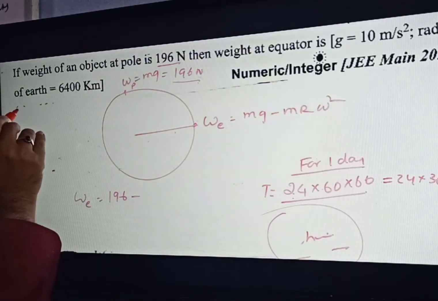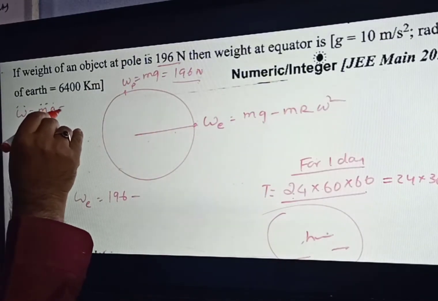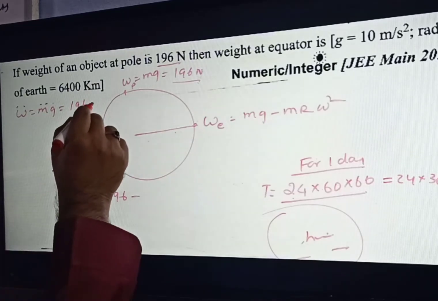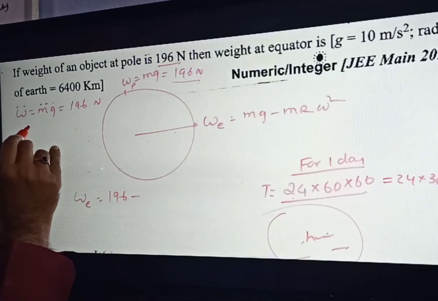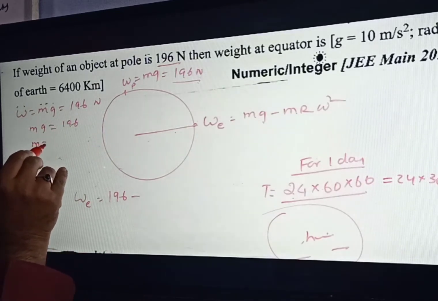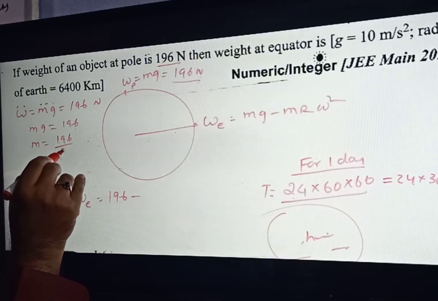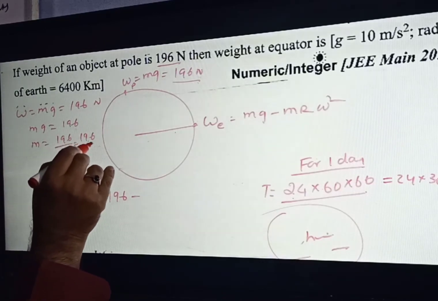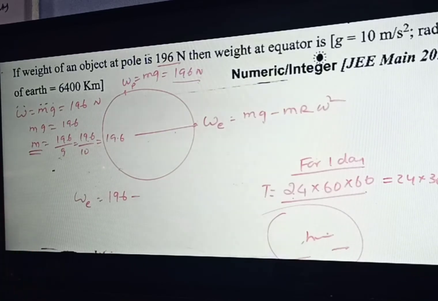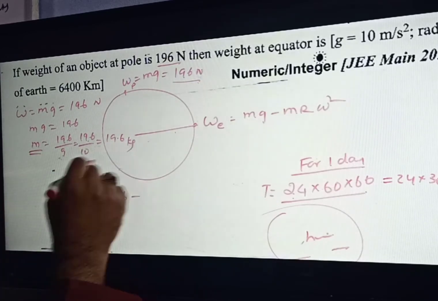Here, weight mg is equal to 196 newtons. Then what is m? mg is equal to 196 means m is equal to 196 by g, which is 196 divided by 10, which can be taken as 19.6. So the mass of the body is 19.6 kg.